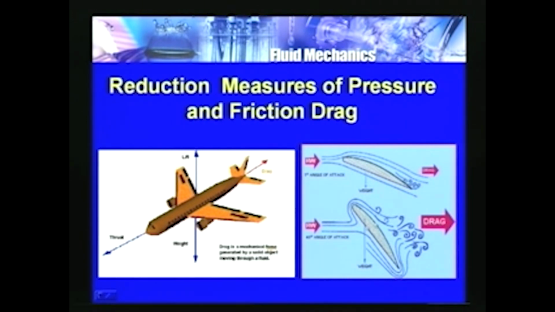Depending upon the angle of attack, in the second figure the angle of attack is 40 degrees, and you can see that the flow phenomena surrounding the airfoil change again. So what we can observe from this slide is that depending upon the placement, location, or profile of the body immersed in the fluid flow, the drag effect, whether pressure drag or friction drag, changes its nature.